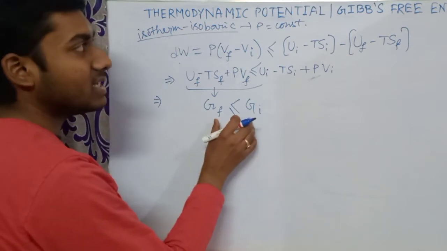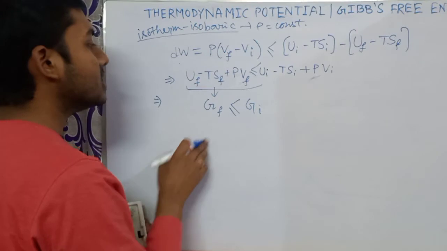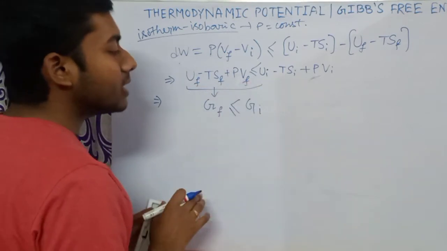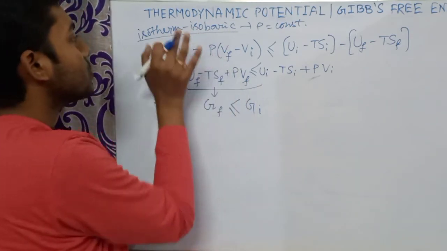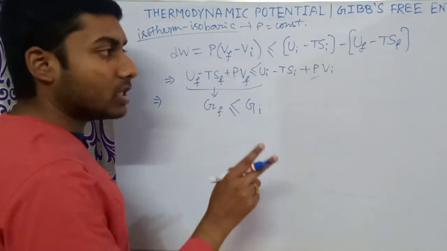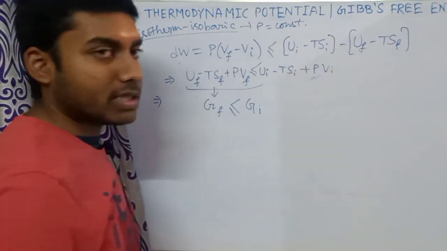Now what is this? This G is our Gibbs free energy. That means Gibbs free energy is a thermodynamic potential of an isothermal isobaric process, that is, at constant pressure and at constant temperature. So this is called our Gibbs free energy.